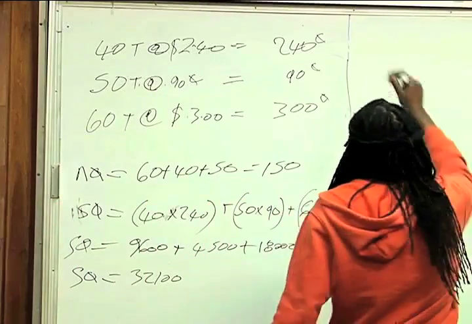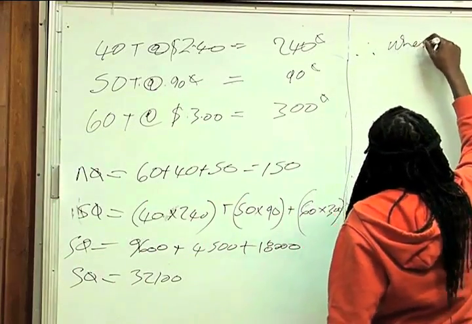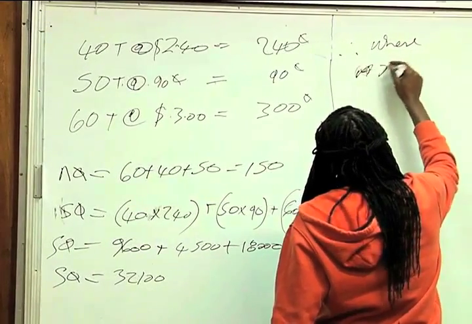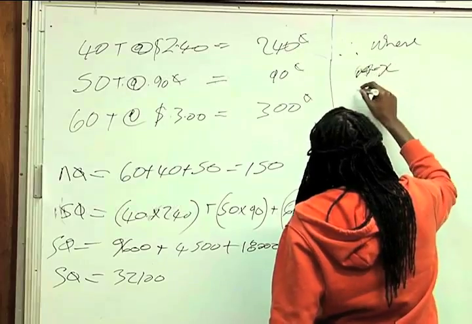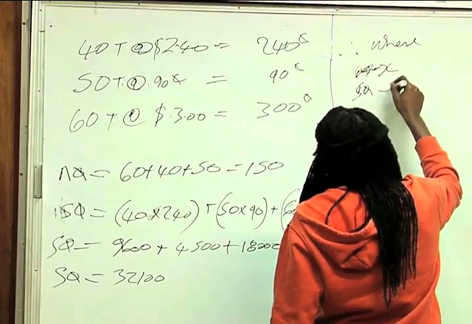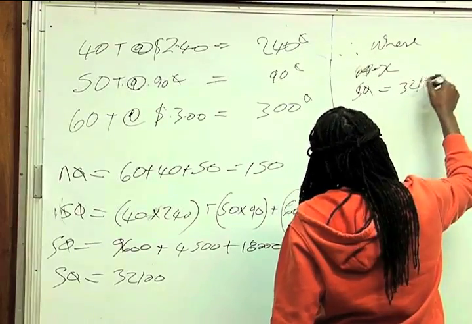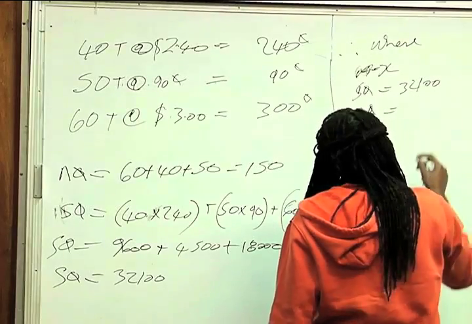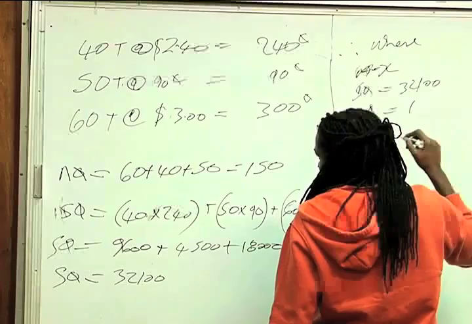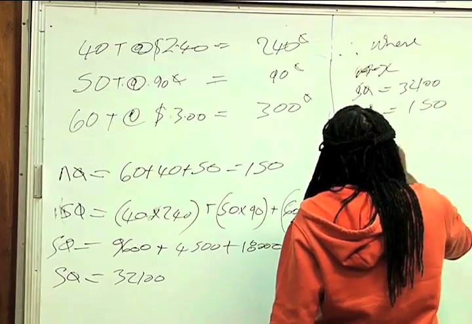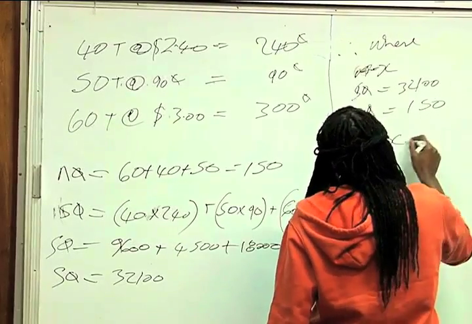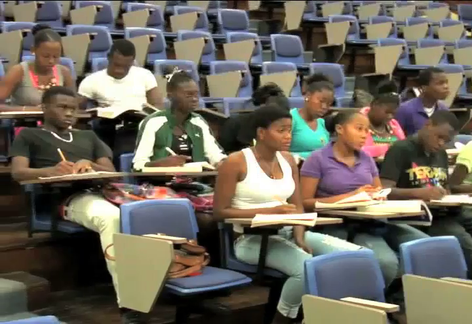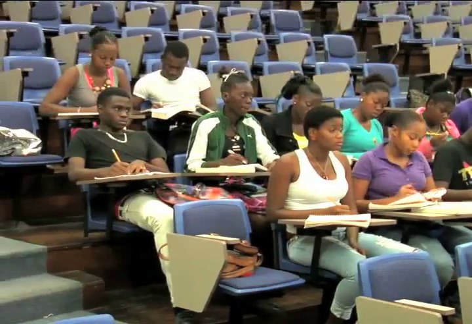So therefore, where A equal X, SQ equal 32,100 and NQ equal 150. It implies that X equal, what is the formula? SQ over NQ.